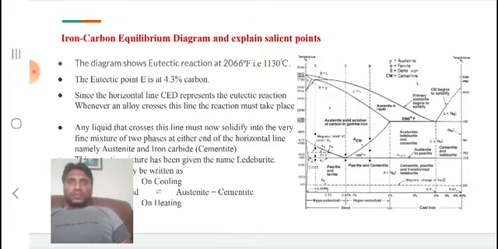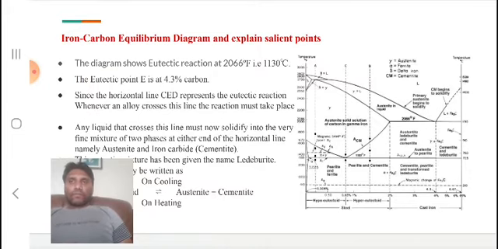Exactly at 4.3% it is ledeburite. Ledeburite is the combination of alternate lamellar layers of austenite and cementite. So on the left hand side what we have is ledeburite plus austenite, and on the right hand side we have ledeburite plus cementite.